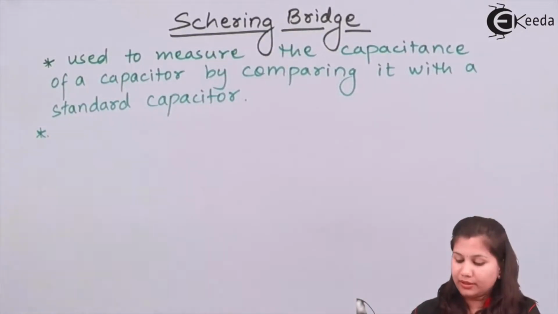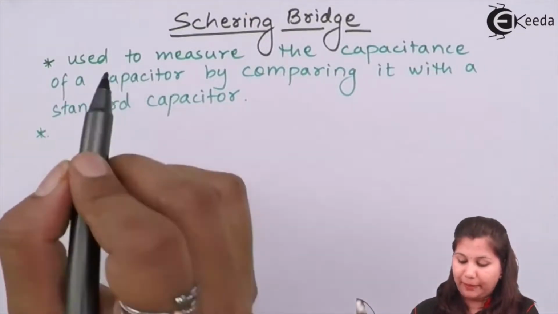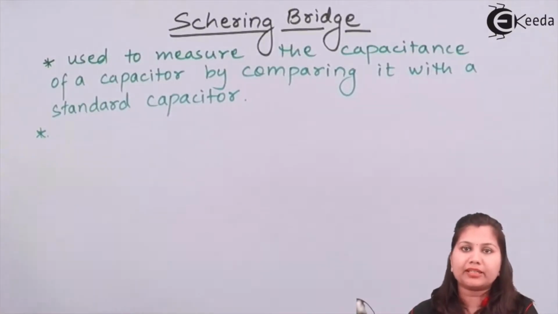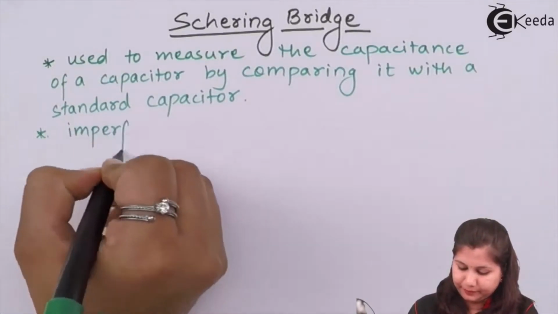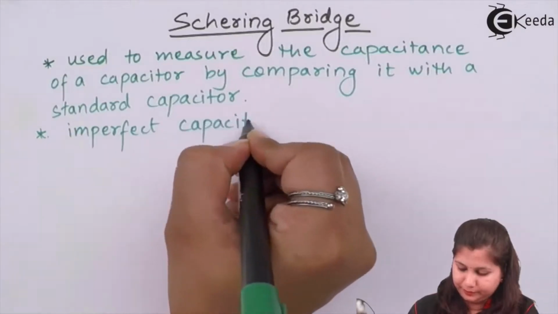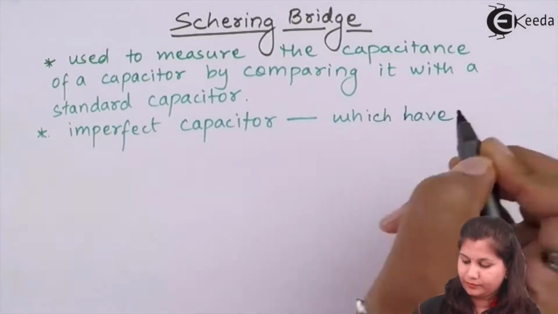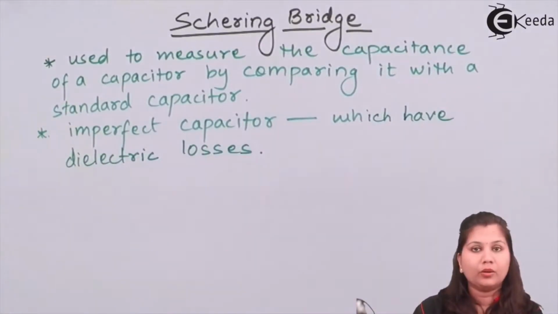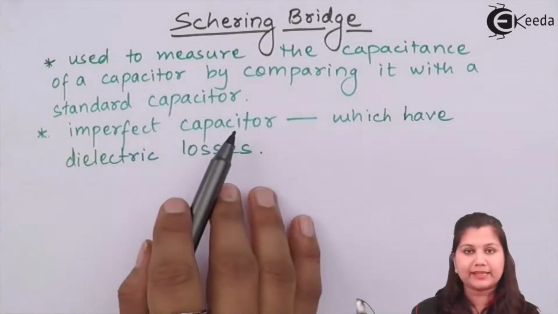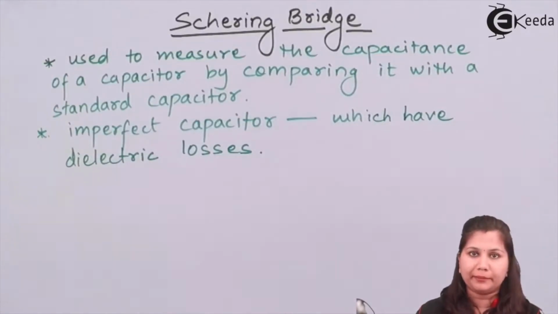Now in this bridge, the capacitor which we are measuring is an imperfect capacitor, meaning this capacitor will have dielectric losses in it. So the capacitance of imperfect capacitors can be measured with the help of this Schering bridge.